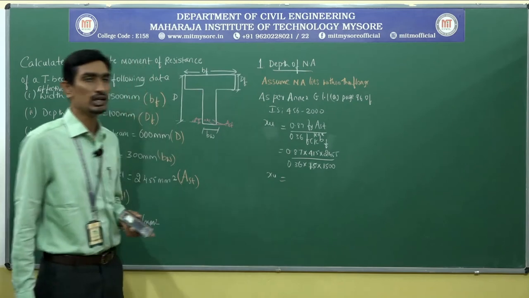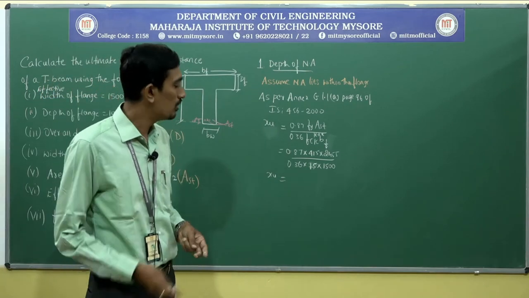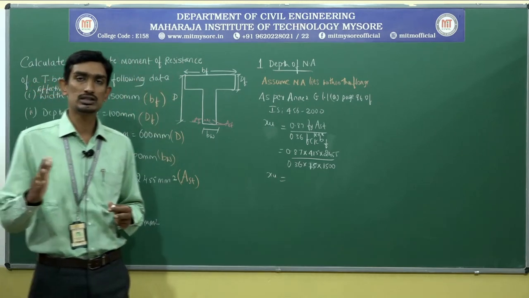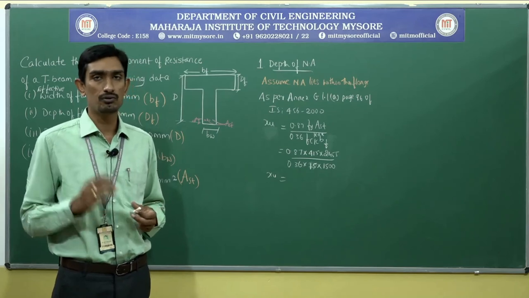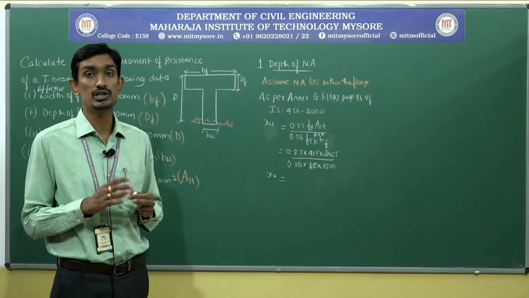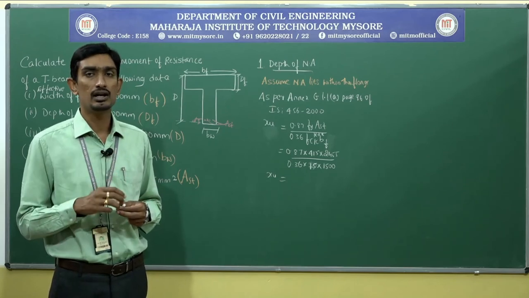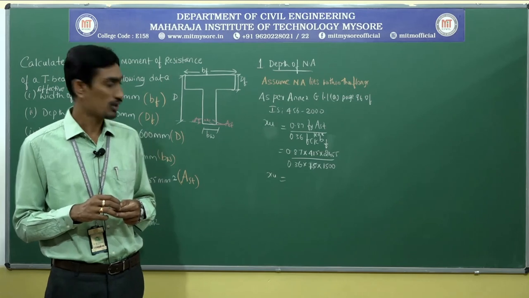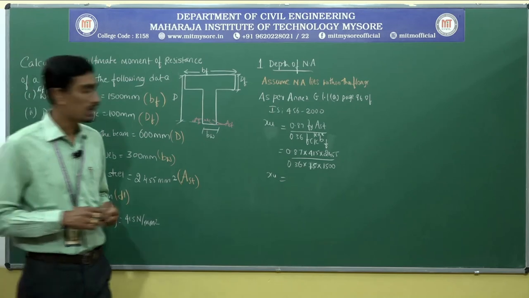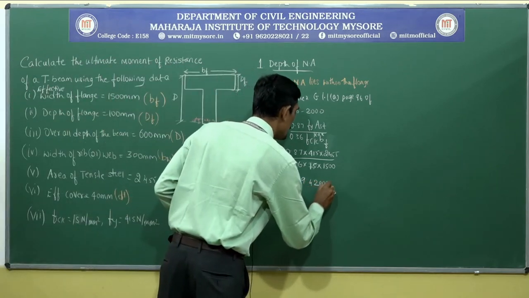This grade cannot be used practically, but theoretically I am going to make you solve it, because we have solved so many problems with M20 and M15. I am slightly changing the data because you need to observe this in the examination. So that's why I purposely changed the data, that is M15 grade. With this, the answer will be 109.42 millimeter.